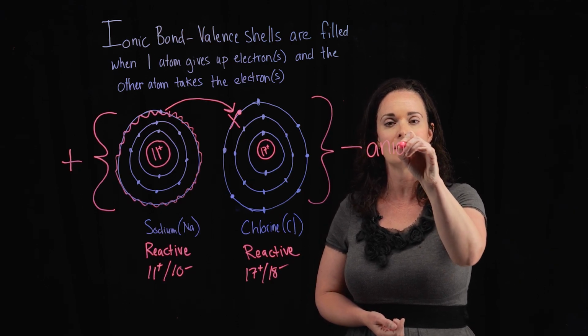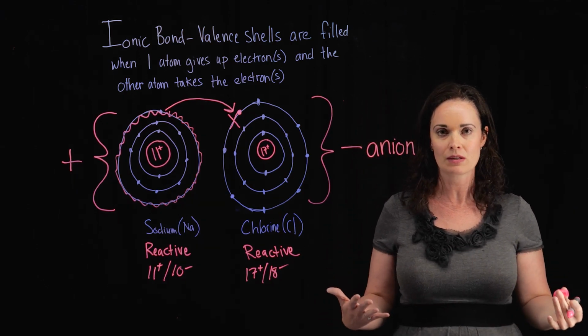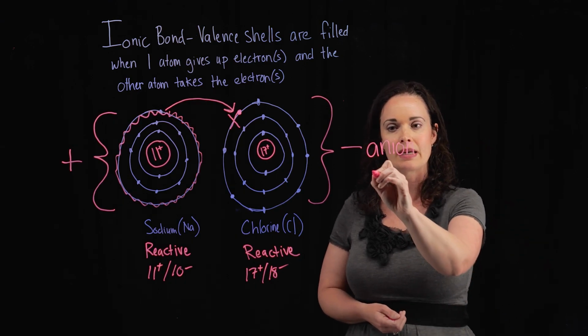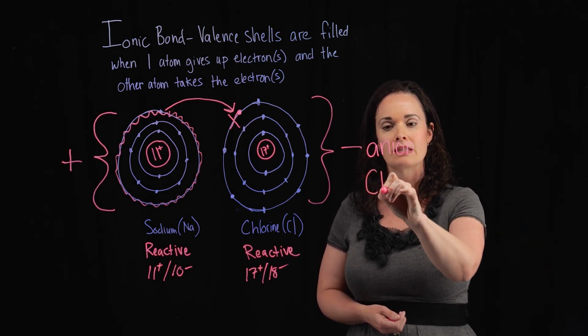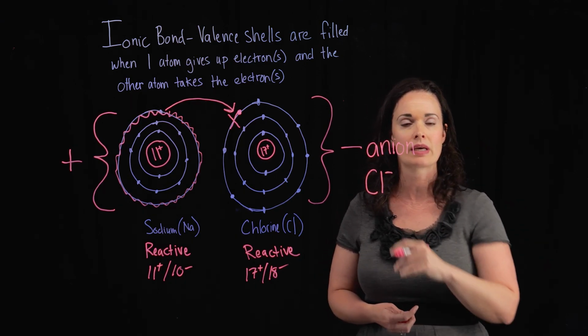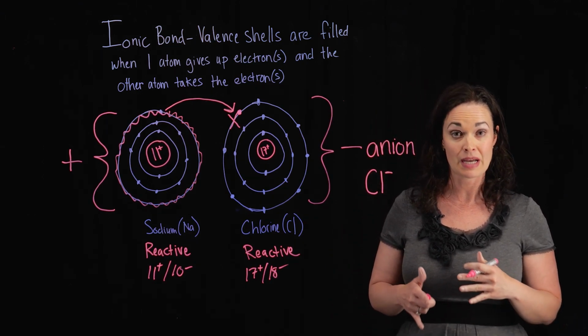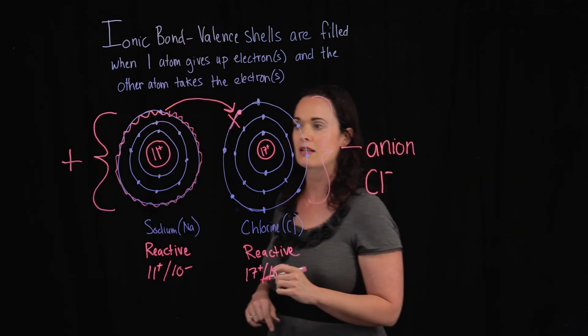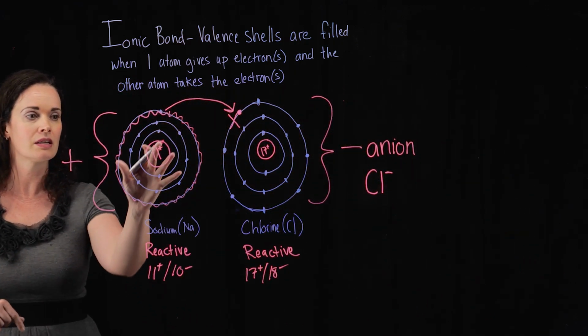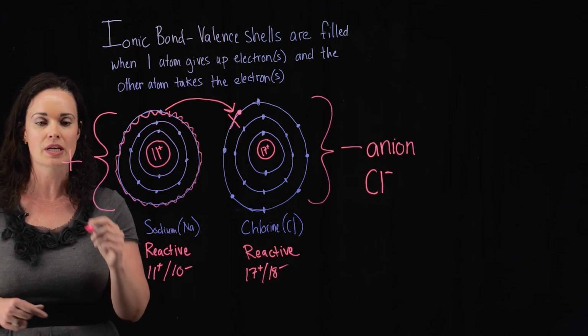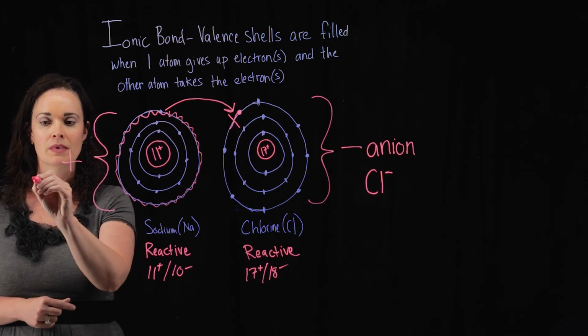If we've got a negatively charged atom, like chlorine, it's known as an anion, and you'll see this written with the symbol for chlorine, okay, with a little negative symbol. You're going to see that in your text as you're working your way through anatomy and physiology. If we go over here, we've got this positively charged ion, sodium.